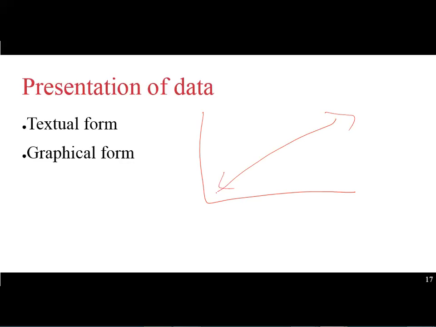You also have the bar graph. For the bar graph, it looks like this. You have bars here, so that is a bar graph. Next, you have the histogram. What is the difference between a histogram and the bar graph?